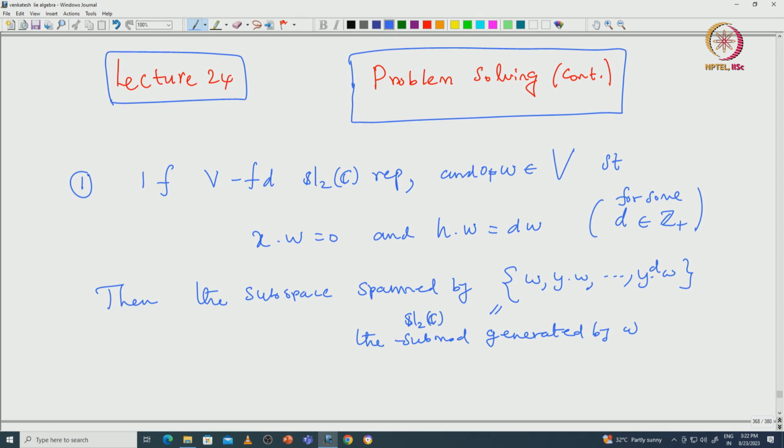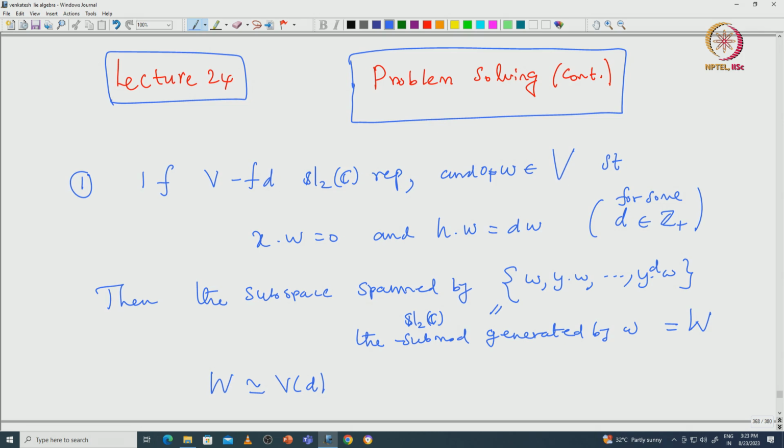Not only that, if you call this some capital W, this capital W will be isomorphic to V of d. So, this is actually hidden in the proof of what we have done.